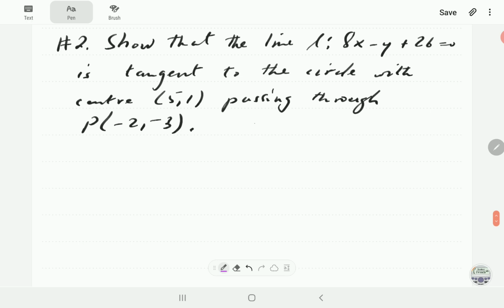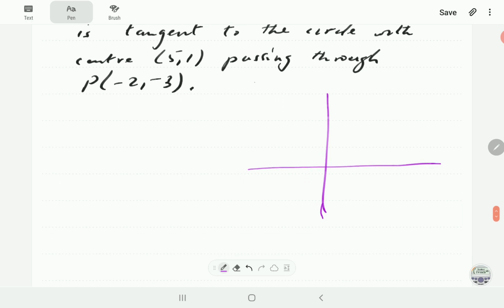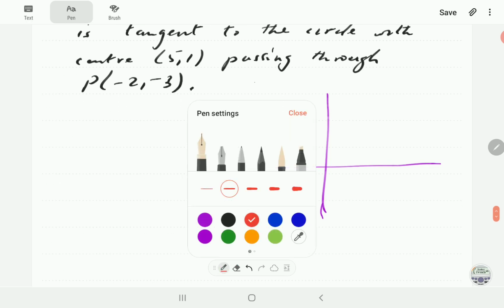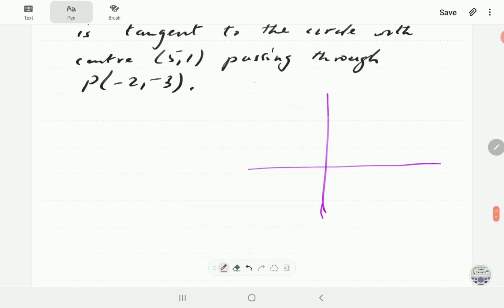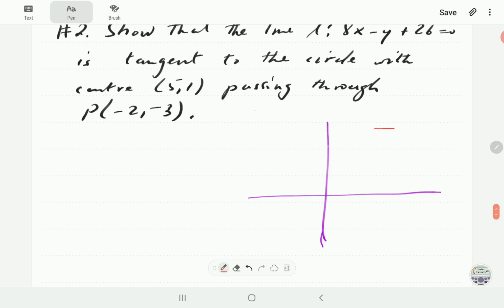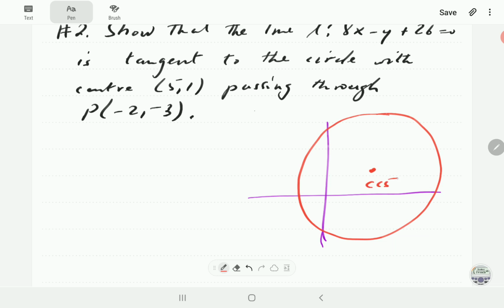For this example, it's going to be useful to make a sketch. So in the sketch, we're going to have the circle centered at 5, 1, passing through minus 2, minus 3.